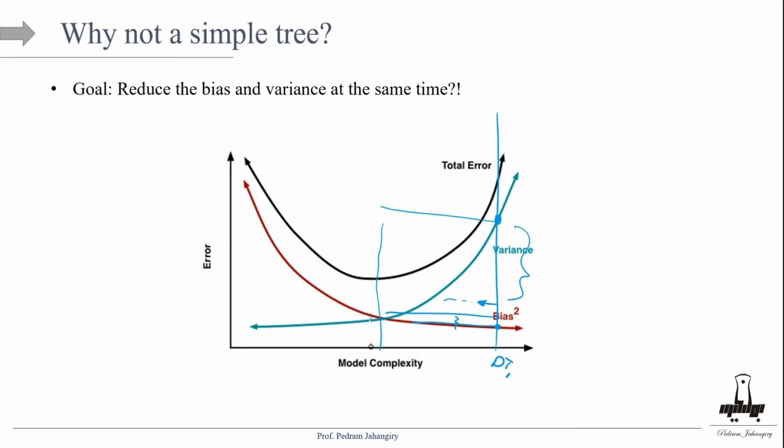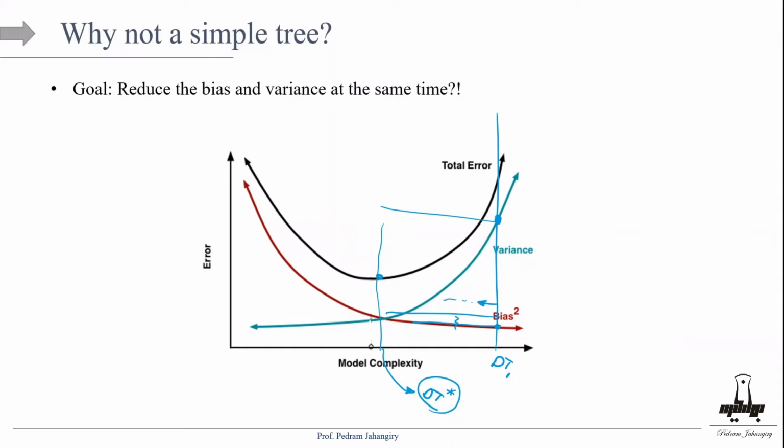And eventually we get to the optimal value for the number of terminal nodes in the model. Remember, the model complexity in decision trees is the number of terminal nodes. Let's call it decision tree optimized. So this was the idea of decision trees: we started with the bushy tree and pruned it back to get a better outcome.